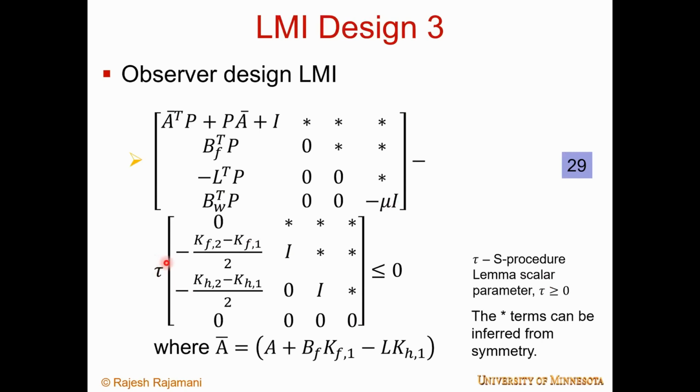Tau is a scalar constant that needs to be positive. So it's allowed to be any positive scalar constant. So you can solve this LMI in MATLAB, and that gives you a stable observer with an H infinity disturbance rejection constraint as well.